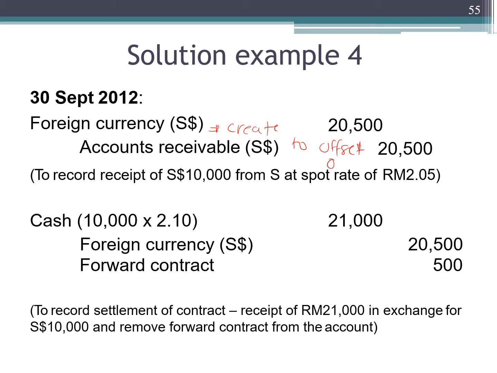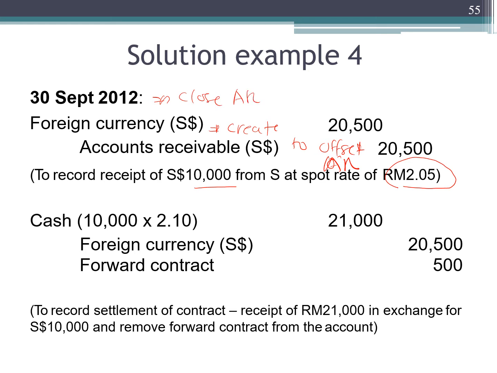So you're going to credit account receivable 10,000 times RM2.05, and then debit your foreign currency. This one is to close your account receivable account.